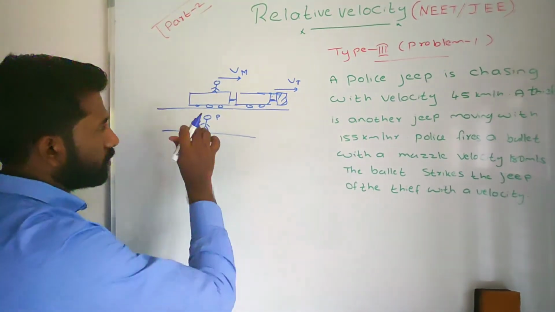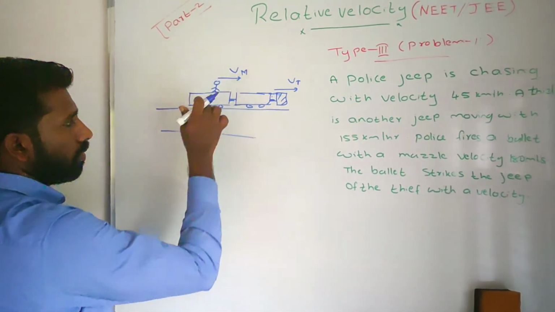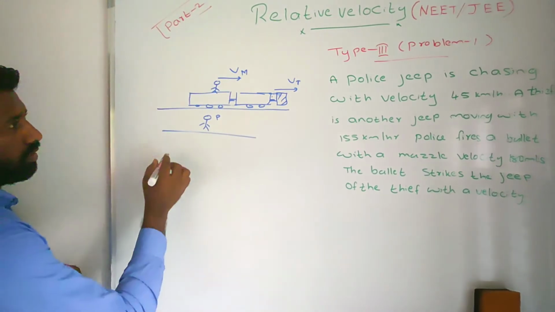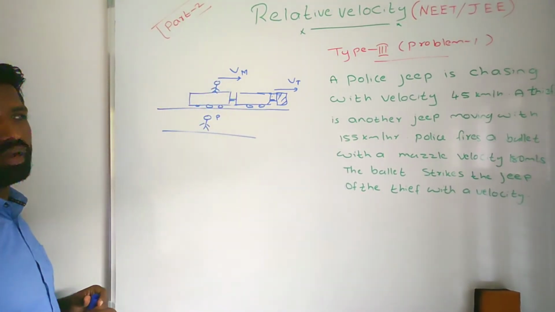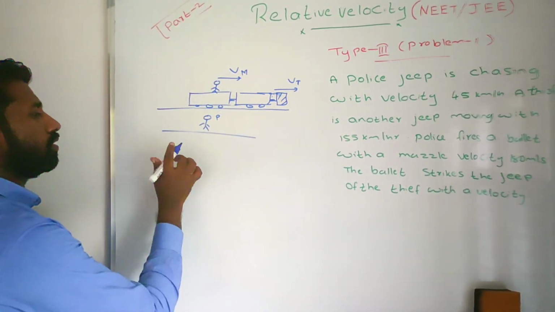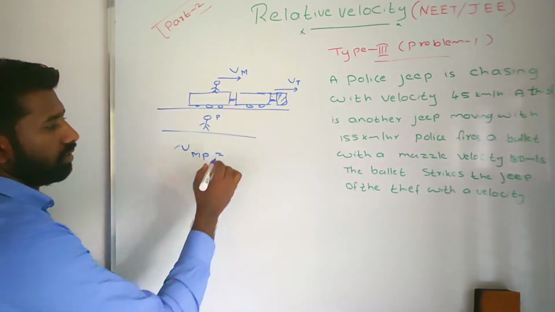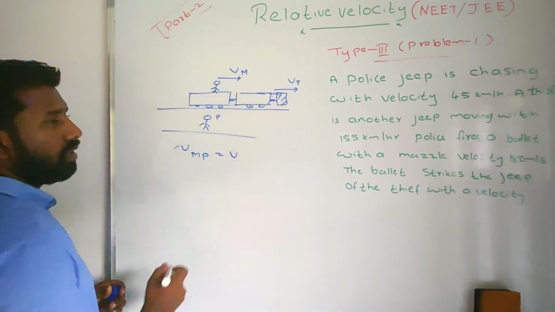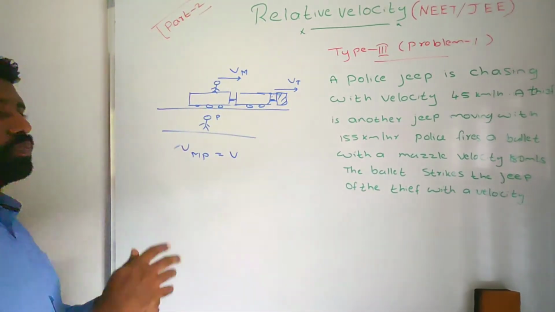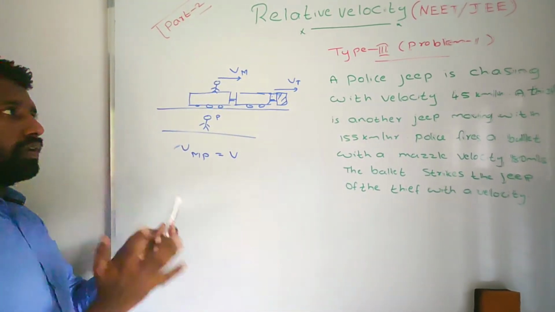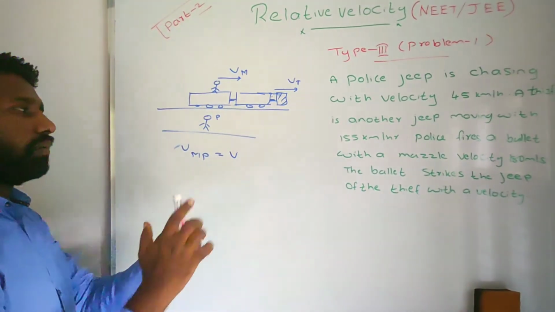With what velocity does this monkey appear to this person? That is the relative velocity of the monkey with respect to the person. Now you see here the monkey is not in a rest plane. The monkey is moving in a train along the same direction.